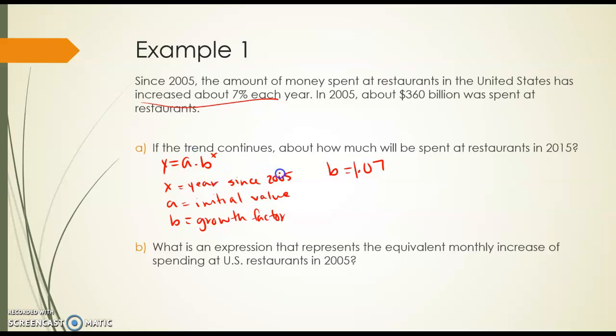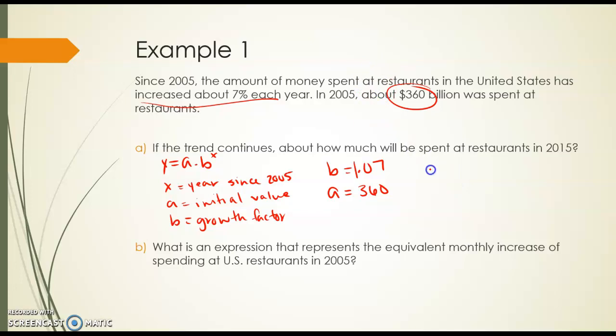All right, but again, this is the fact that we want the original amount, which is times 1, plus the 0.07, which is the 7%. And our initial value, a, is that we started with 360 billion. So, if the trend continues, about how much will be spent in restaurants in 2015?